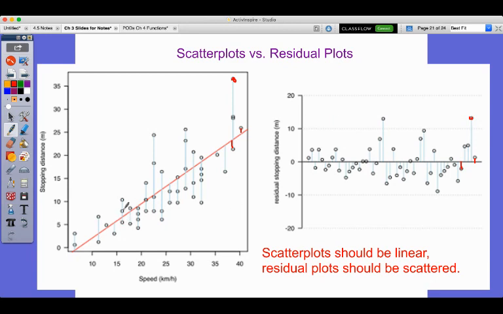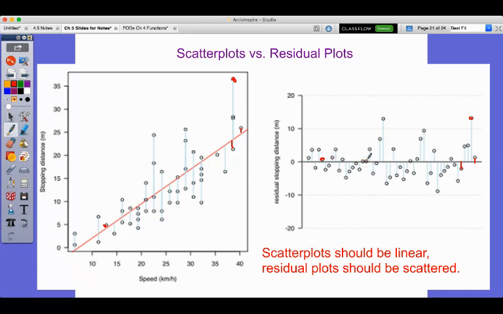This guy right here is right on the line, okay? And he's probably this point right here, which is right on the line. So these residuals are showing how far you are above or below the line. Basically, if you took this line and flattened it out to horizontal and kept these straight up, perpendicular above and below the line, you call that horizontal 0, because all the dots that are on the line have a residual of 0.